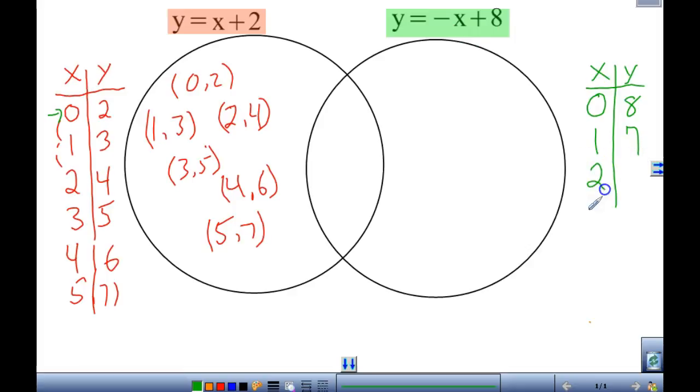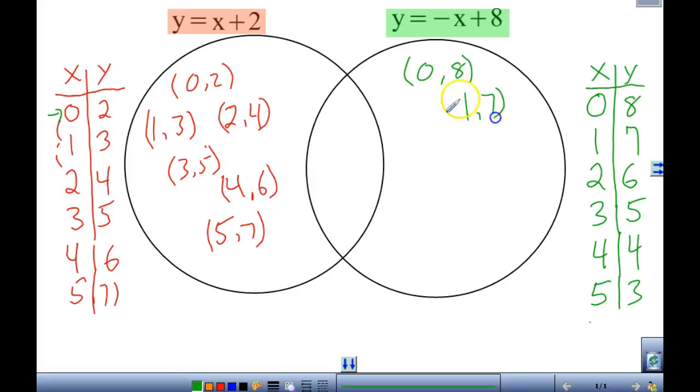Negative 2 plus 8 is 6. And negative 3 plus 8 is 5. And we got 4. Okay, so negative 4 plus 8 is 4. And we'll go to 5 since we did it on the other side. This would be 3.